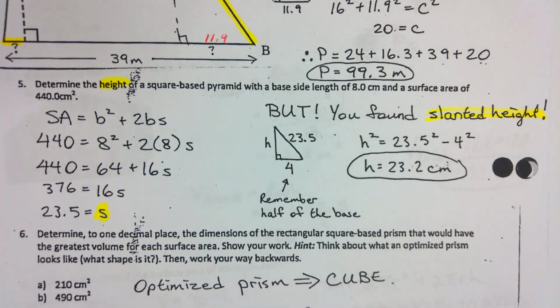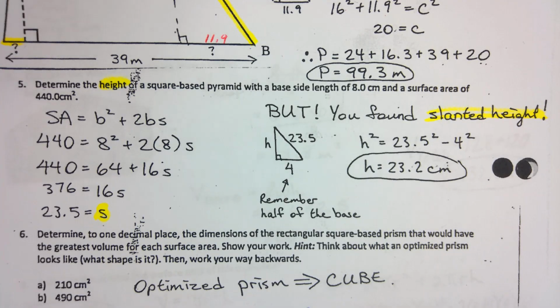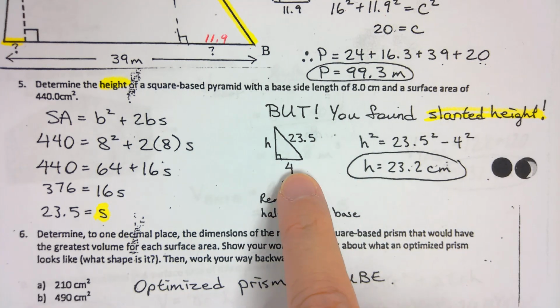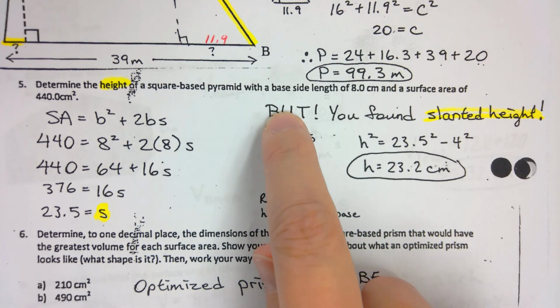Because the square base pyramid, when you cut it, it's not a right angle triangle. You cannot do a Pythagorean theorem on a non-right angle triangle. So in order for you to make it a right angle triangle, you have to cut that triangle in half. So that's why it's only a 4 to make your right angle triangle.